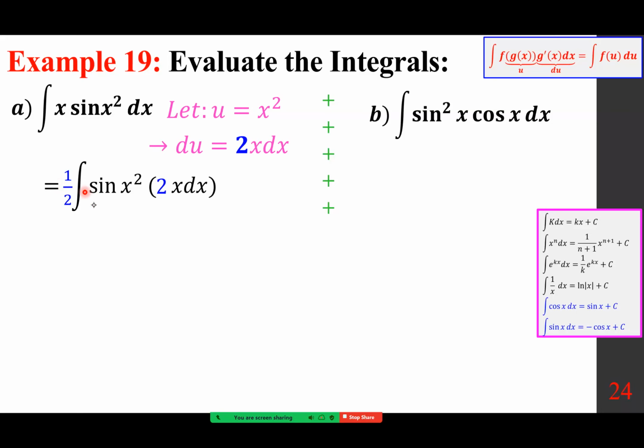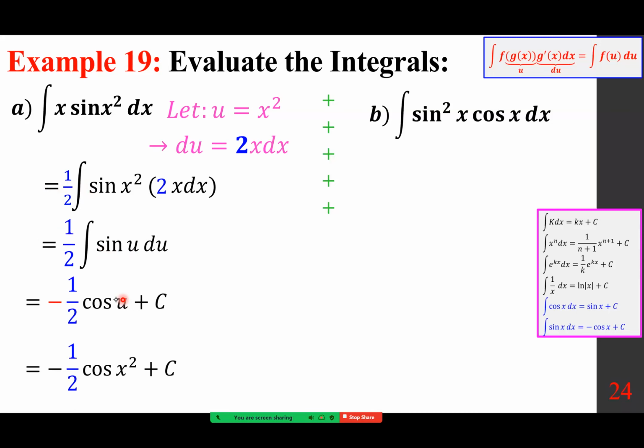Again, this 1/2 can be inside, makes no difference. You can't lose that. It becomes half of the integral of sine u du. You know the derivative is cosine, but the integral is negative cosine. So replace the u and you're done.